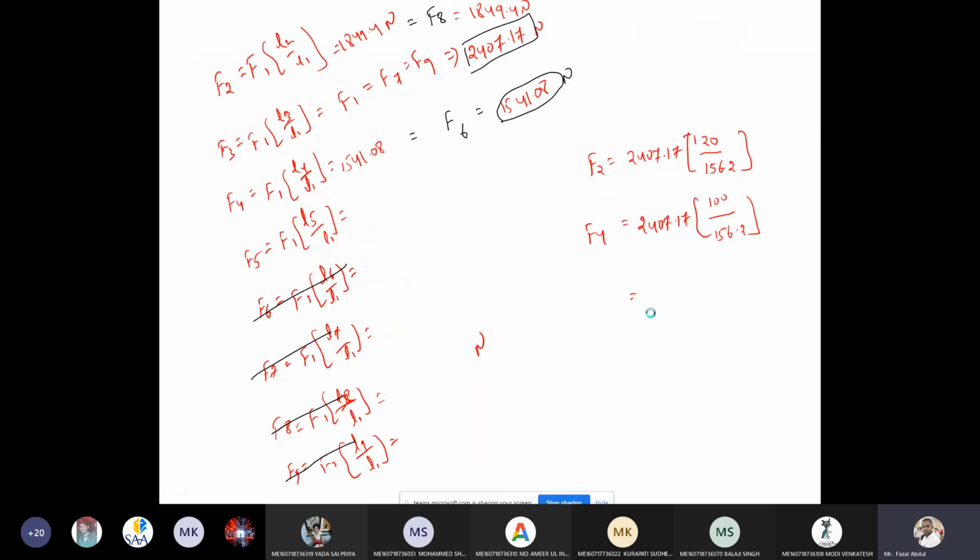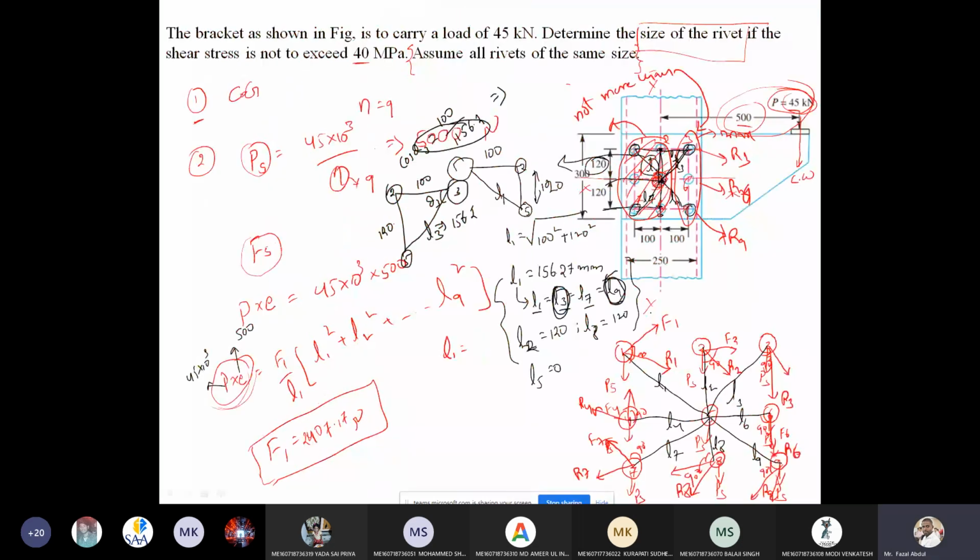Cos theta 6 how much? Here there is no angle for cos theta 6, because the L value lies here and the center of gravity is passing through the 6 value, sixth line. So for that reason there is no theta value. It means cos theta is taken as 0.